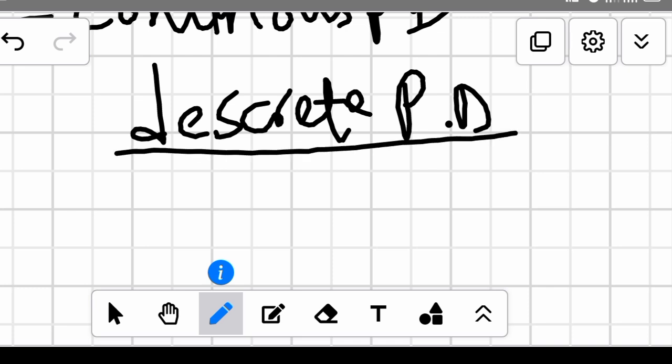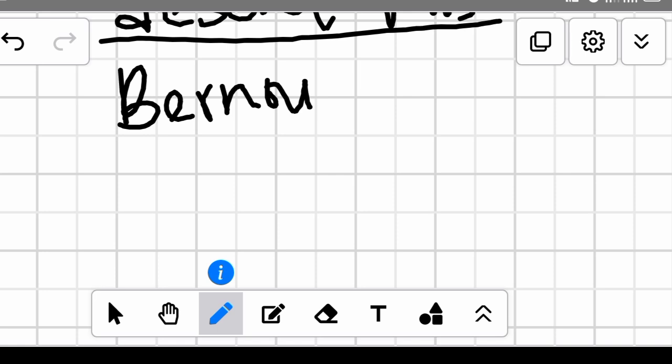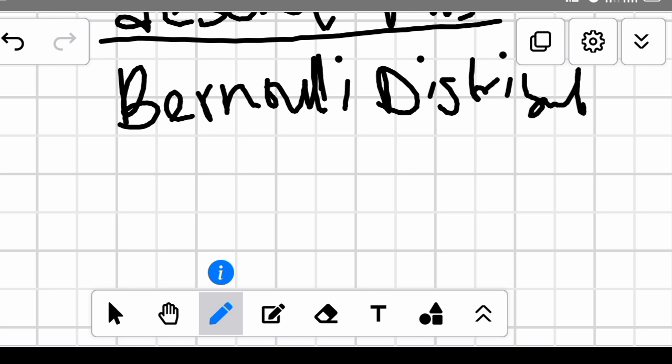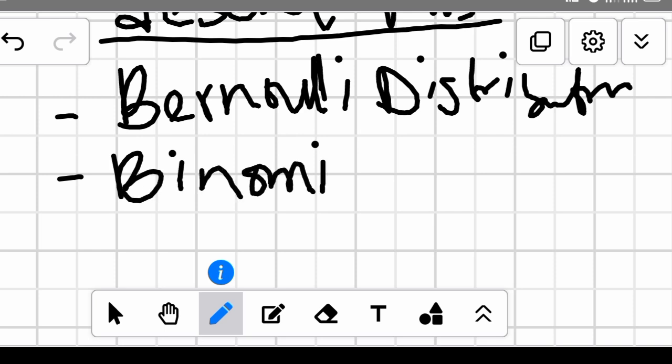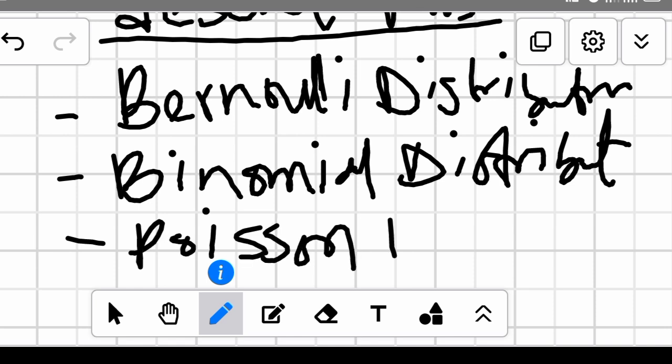We have three types of it. We have the Bernoulli distribution, then the binomial distribution, and the Poisson distribution.